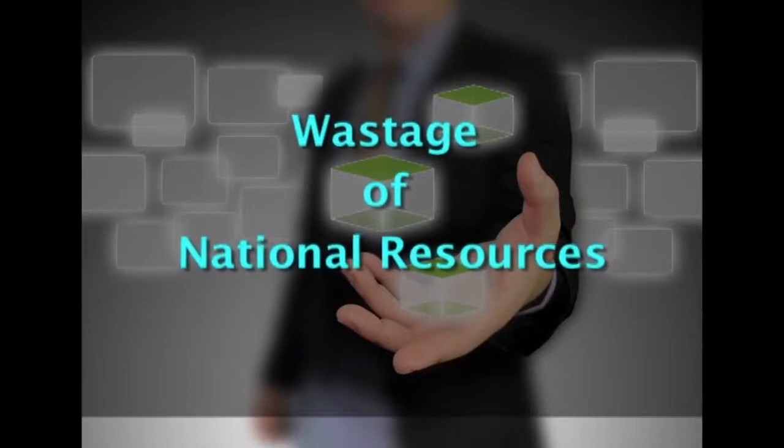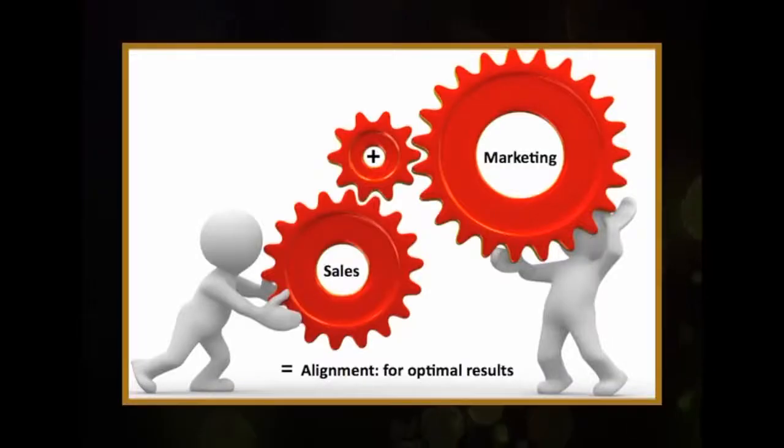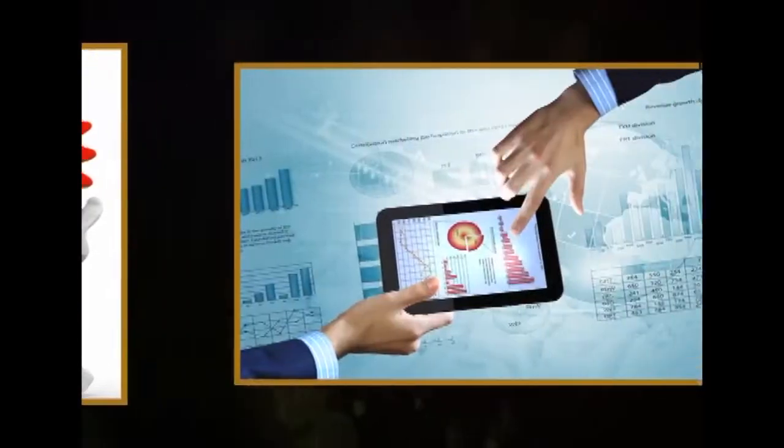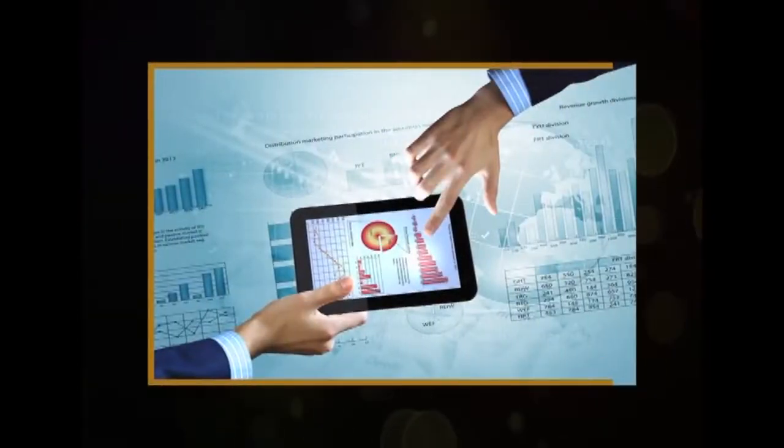Wastage of national resources. Role of industries in Indian economy is incomparable. Manufacturers create trivial and artificial differences in the products to develop brand loyalty through advertising. The natural resources, capital requirements, and labor that go into the production amount to waste, as these could be better employed in the creation of new industries.